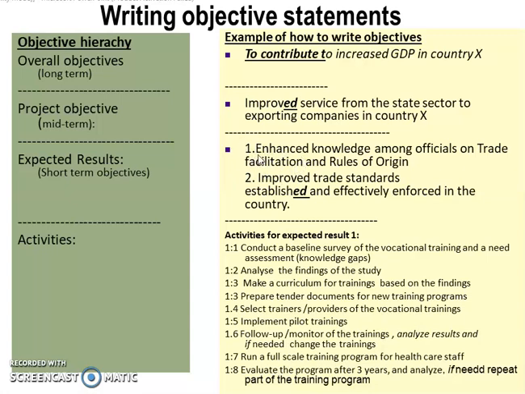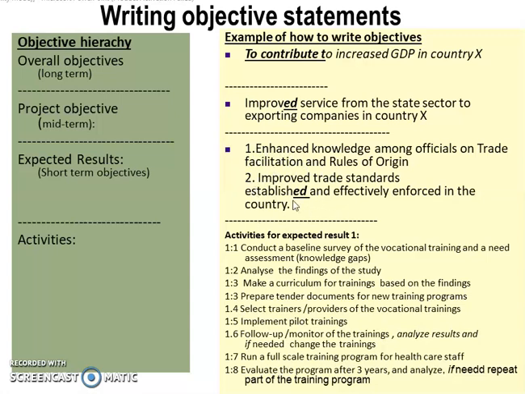It means enhanced knowledge among officials on trade facilitation and rules of origin for a given hypothetical project. So the expected result, which is a short-term objective, is just written like this. This is a simple example.